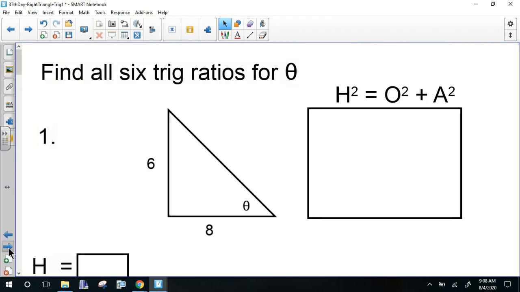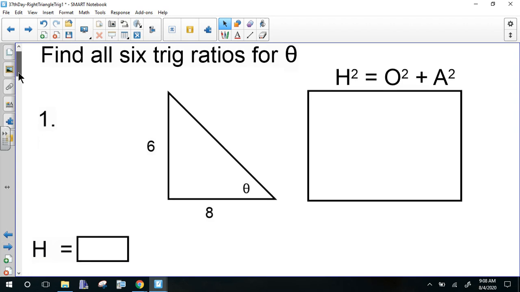Here we're going to use this triangle and find all 6 trig ratios for this angle. So we're looking at this angle right here, and we need to label our triangle. This side is the opposite, this side is the adjacent, and over here we have the hypotenuse. In order to find all 6 trig functions, we need all 3 sides of the triangle.